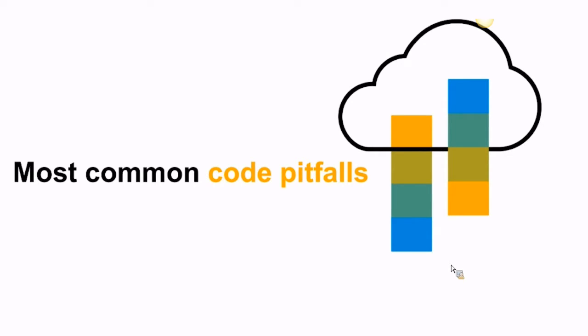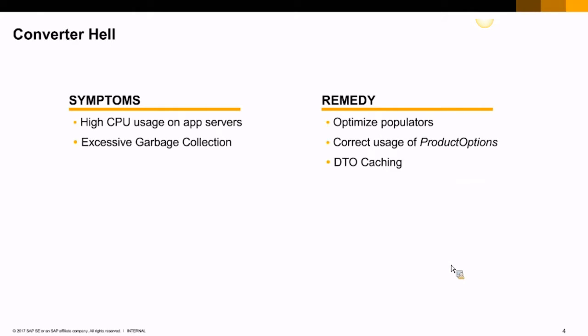For each of them, I will explain what the issue is, what the symptom is, and what the typical correction is that we can see for the problem. Let me first start with the converters and populators.